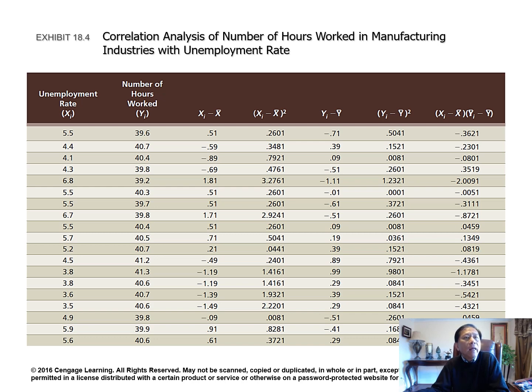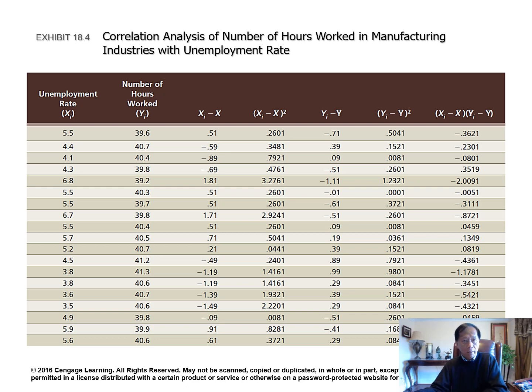And that's the xi minus x bar. How do you calculate that? You calculate the x bar by averaging all this unemployment rate. Then the xi, the average here is 5.5, minus that x bar gives you 0.51.